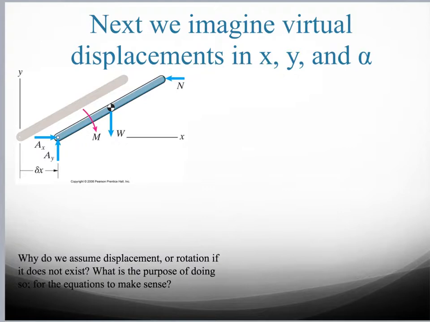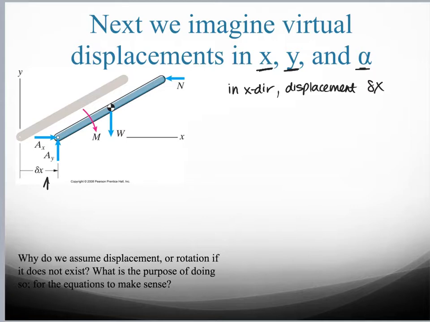So what we're going to do is, here's our object, and we're going to imagine it being displaced in particular directions. We're going to do 3 different displacements, and that should give us 3 different expressions that relate our values. So we're going to imagine in the x direction, we have a virtual displacement of delta x, and we see that right here.